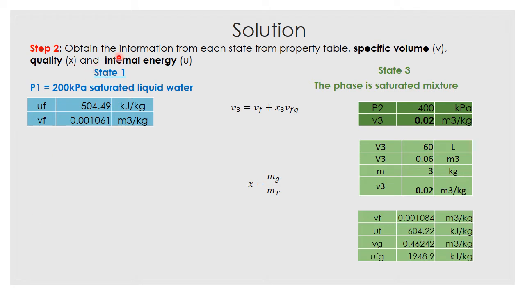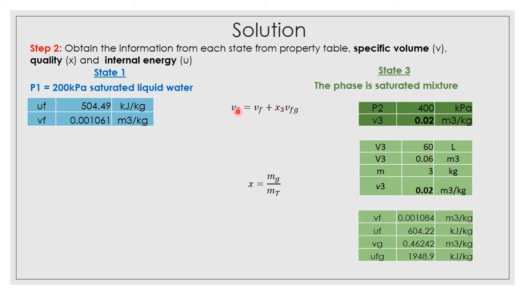Step 2, obtain the information from each state from the property table: specific volume, quality, and internal energy. By having this kind of equation, v3 equals vf plus x3 vfg. Since we want to obtain x3, we are required to have v3, vf, and vfg.